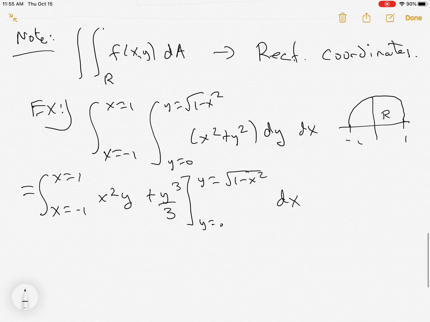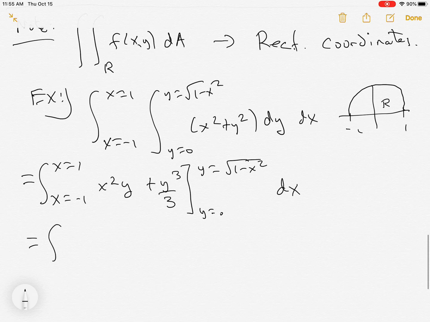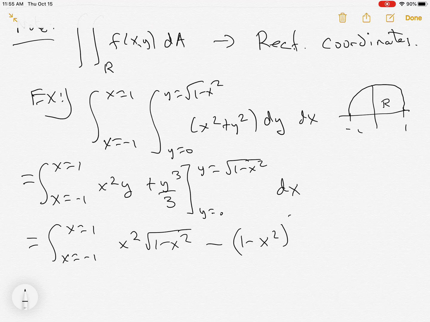Okay, so you just keep going, or I'll keep going, you watch. When you plug in the upper bound, it's x squared times the square root of 1 minus x squared, minus (1 minus x squared) to the 3 halves over 3, sorry, 3 halves, duh.